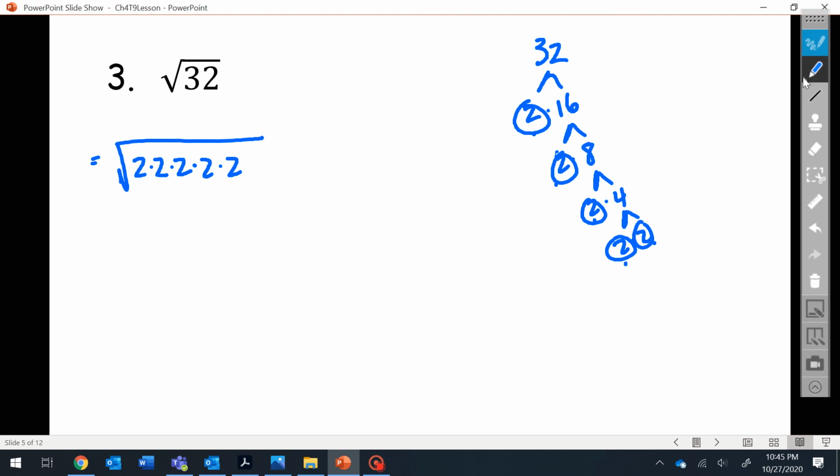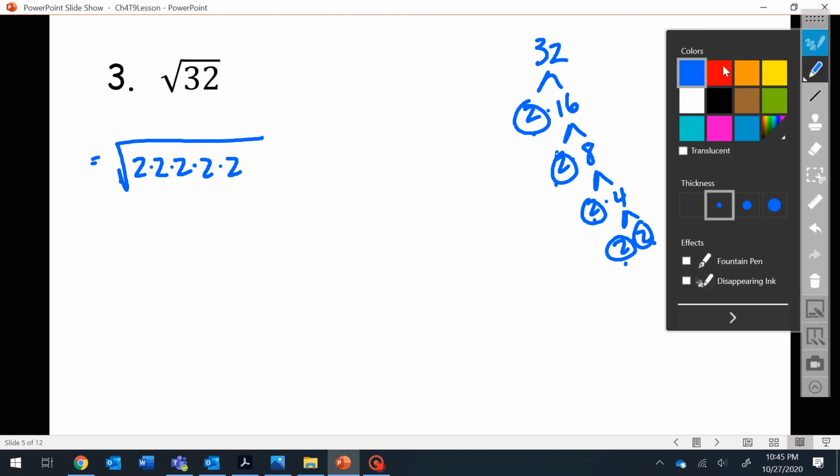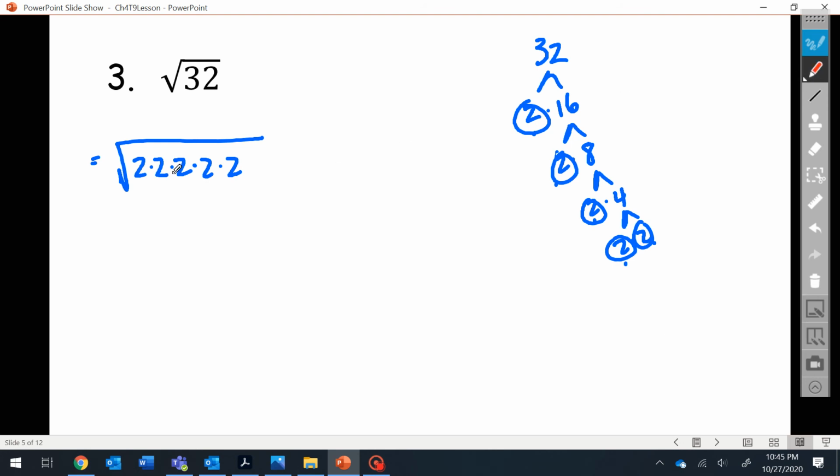Now what I know is that for every pair of 2's on the inside, I can bring a single 2 to the outside. So here's a pair of 2's. That means I can bring that pair to the outside. So that gives me 2 and three 2's on the inside.